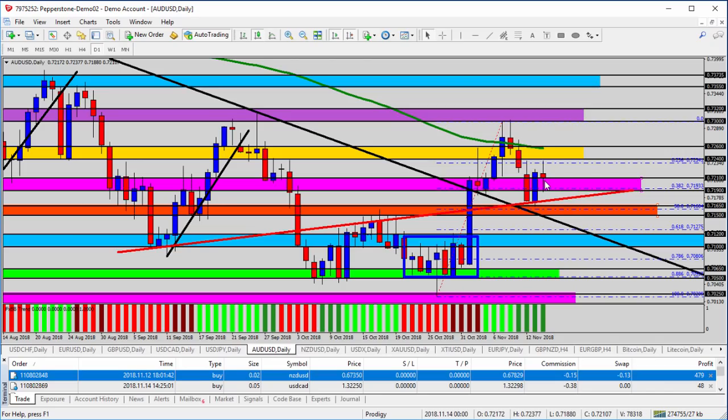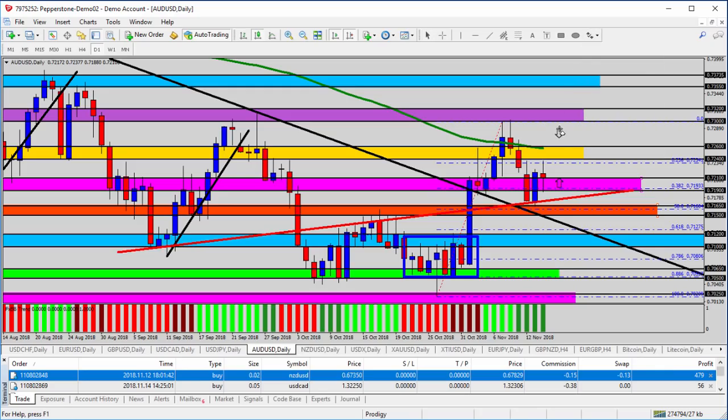I think it's very interesting, sitting on top of the pink shaded area, 0.7210 to 0.7190, as support. We saw a dip to the orange zone, a sudden infusion of buyers came in from that orange shaded area, and now it's sitting above that pink zone. That pink zone will now be our support. So as long as it's above it, we have this expectation we may see it try to challenge higher.